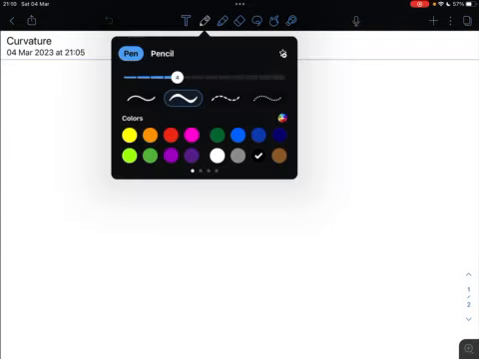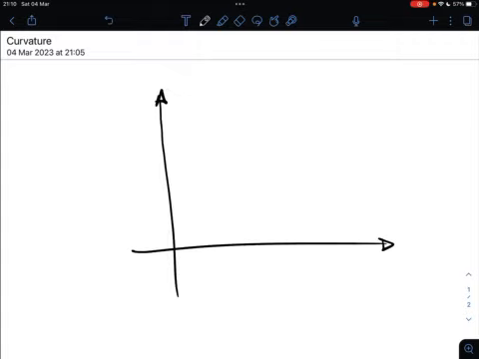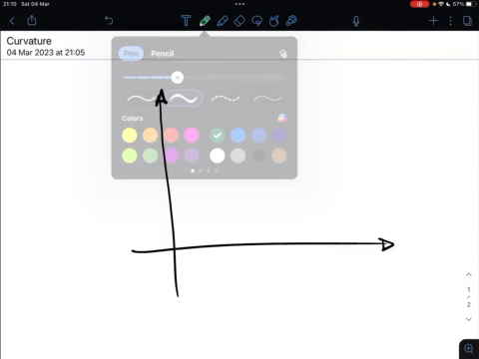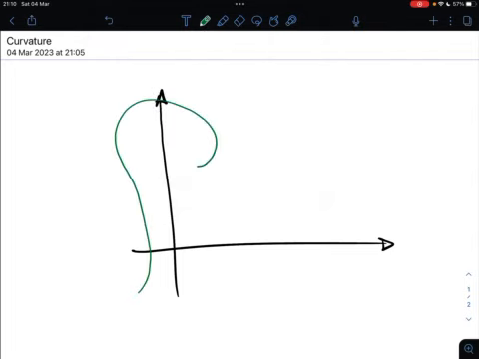To get a brief idea of what we mean exactly by curvature, let's look at a space curve in 2 dimensions. Suppose we have the following space curve, which is being traced maybe by a moving object.